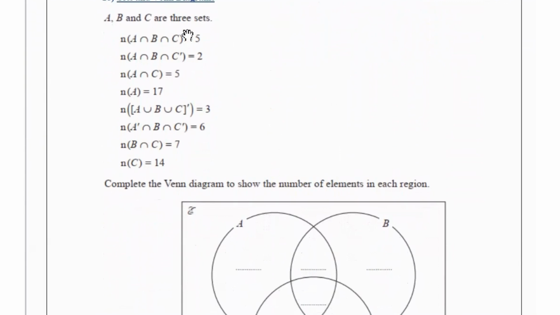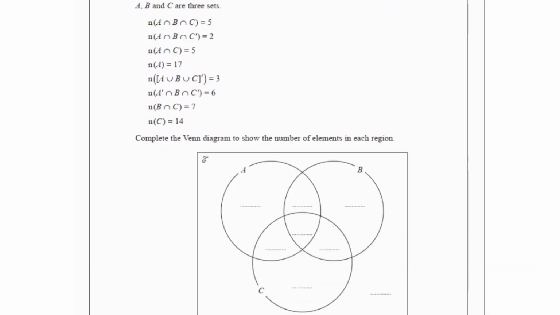So it says A, B, and C are three sets where the number of A intersection B intersection C equals 5. So when all three are intersecting, that means we're talking about the part that's right in the middle where all three sets are overlapping. So that's basically this. The number of A intersection B intersection C complement.